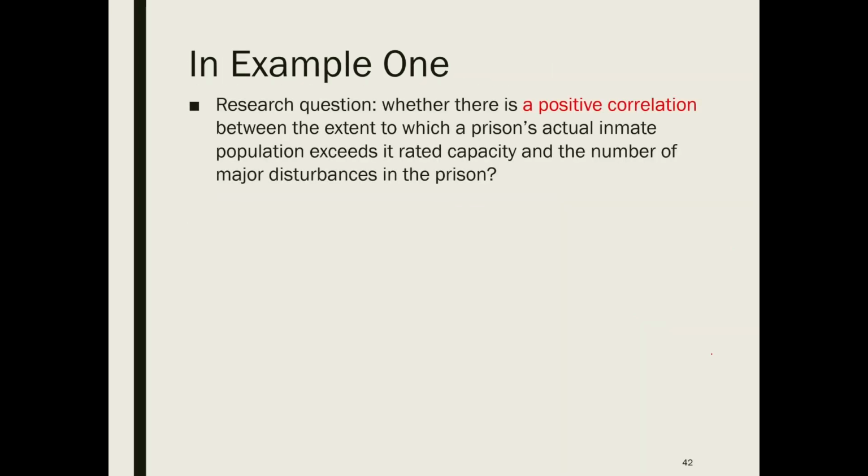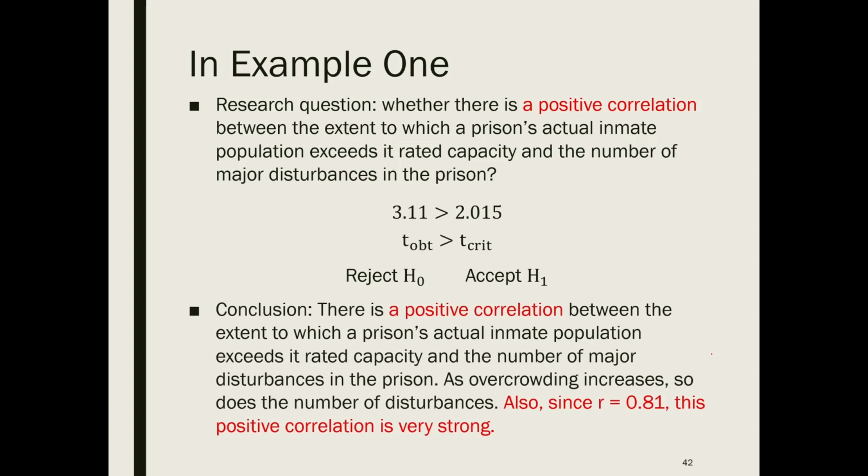In example 1, we tested whether there is a positive correlation between overcrowding and major disturbances. We rejected the null hypothesis and accepted the alternative hypothesis: there is a significant positive correlation between the two variables.